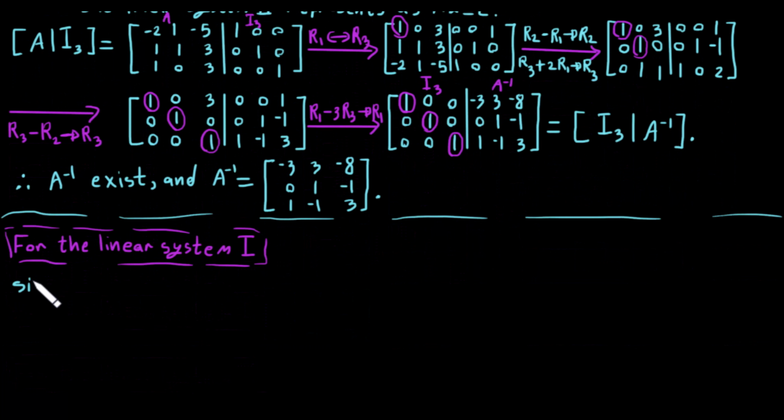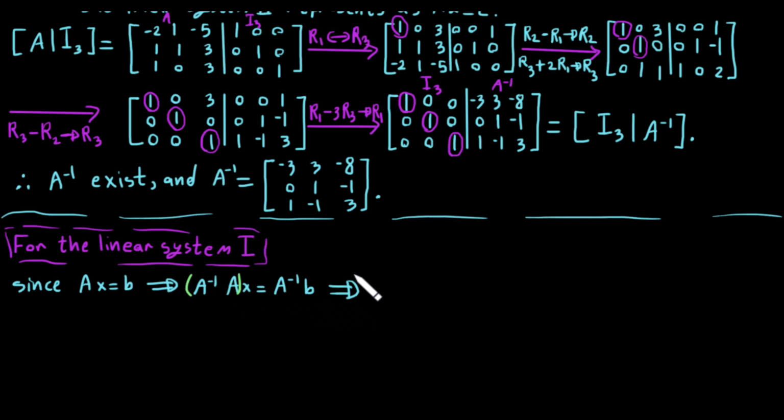So here, since Ax equals b, we can multiply by A inverse on both sides from the left because A inverse exists. And you can see this one here can be simplified to identity.